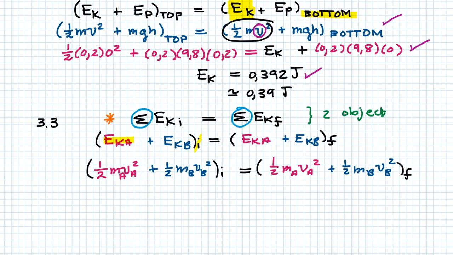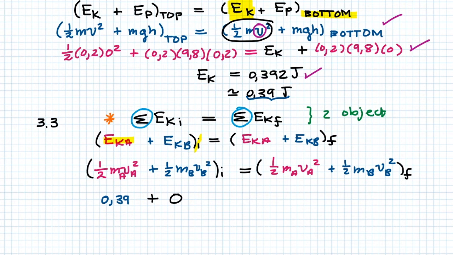Don't get confused. We just calculated this to be 0.39 in the previous question. Then we have the kinetic energy of ball B. Kinetic energy is energy that an object possesses as a result of its motion. But we know that ball B is stationary. Therefore, ball B's initial kinetic energy is 0.